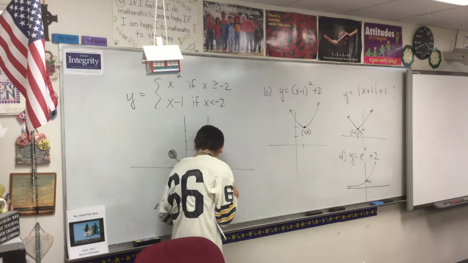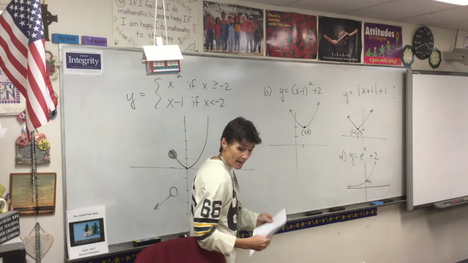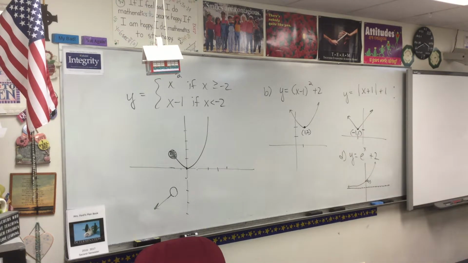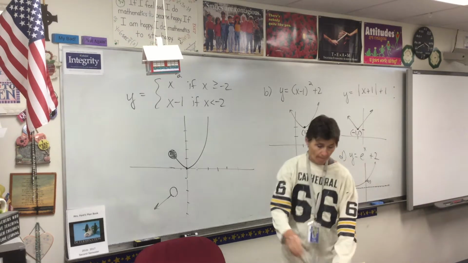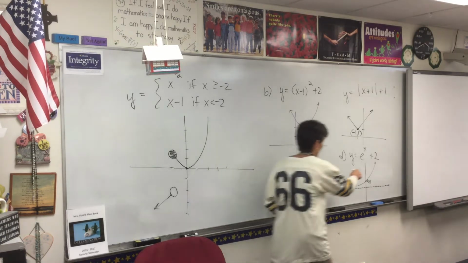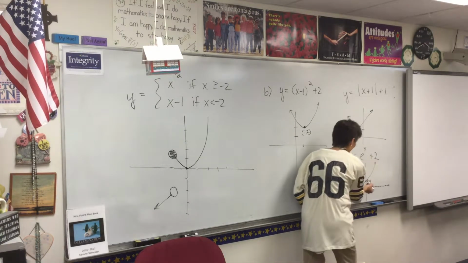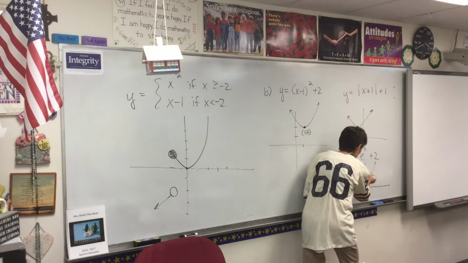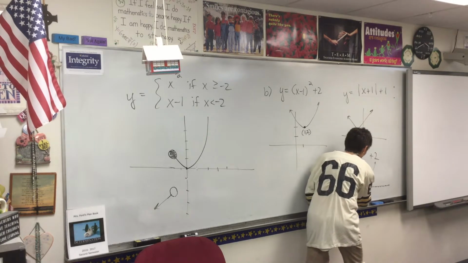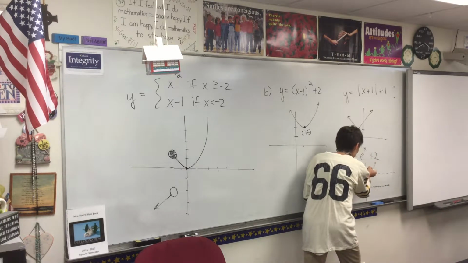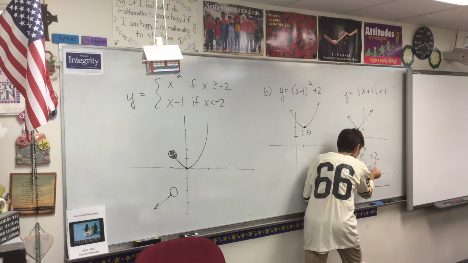And I would go ahead and draw that. Now we're going to take that picture and we're going to lift it up 2, right? Yeah. So that means everything goes up 2. So this dashed line is all going all the way up to 2. And that point is going up to 0, 3.